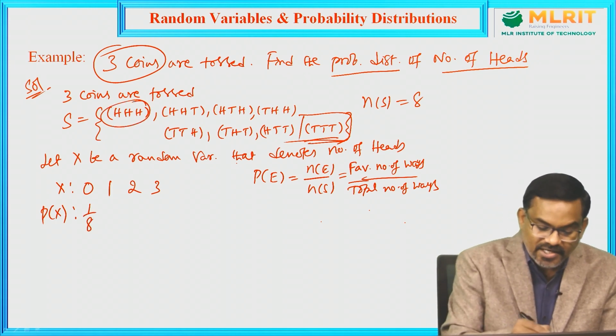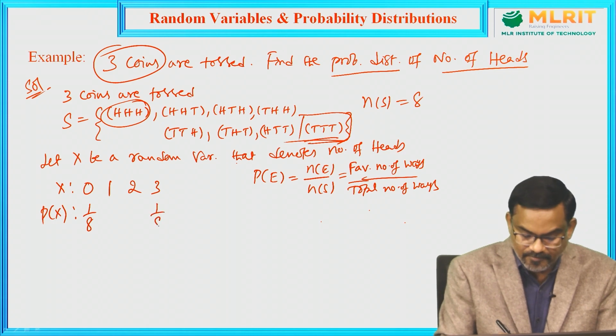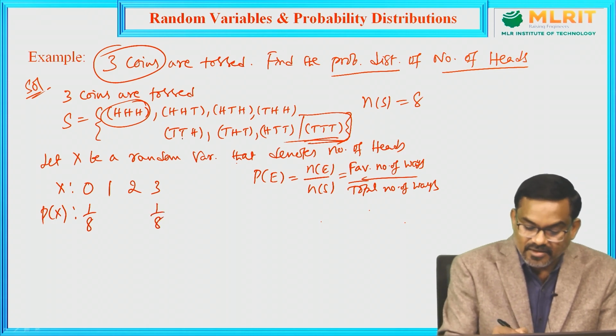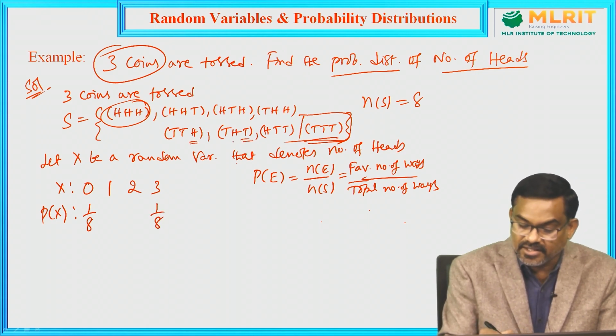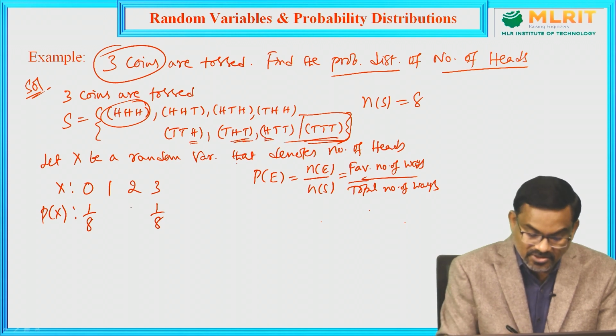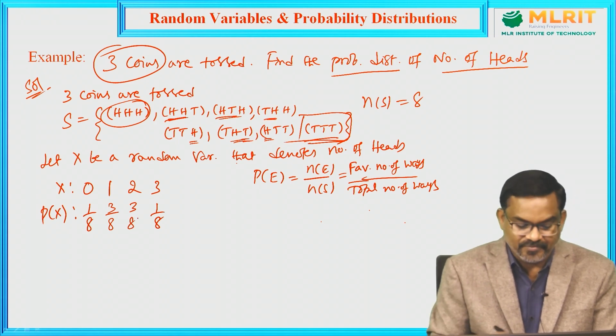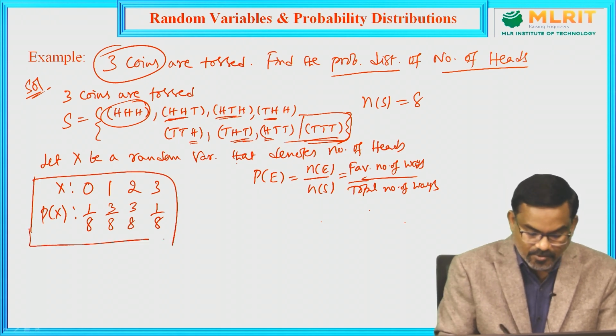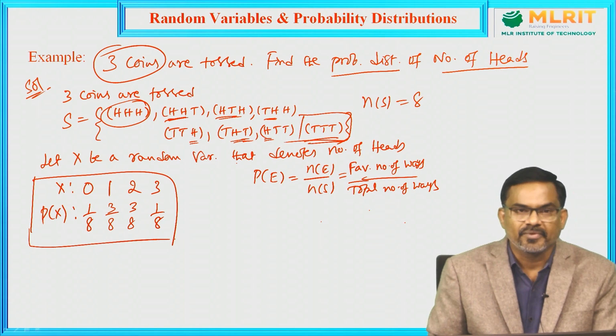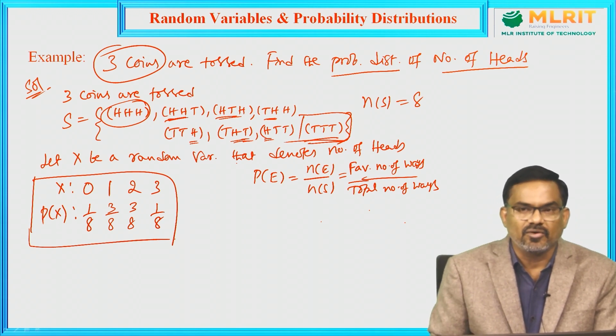Similarly, all 3 heads has only one possibility, and one head occurs in 3 different cases, so 3 by 8, and 2 heads also 3 by 8. So, this is called the probability distribution of number of heads when 3 coins are tossed.